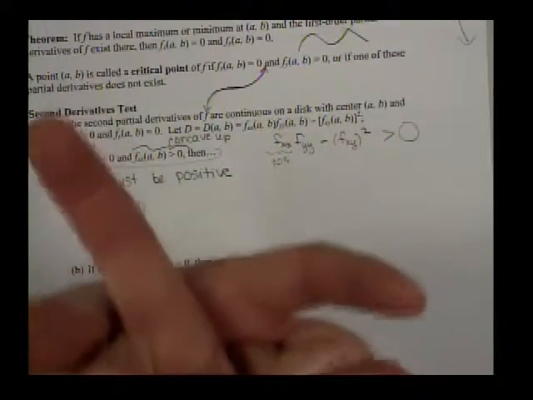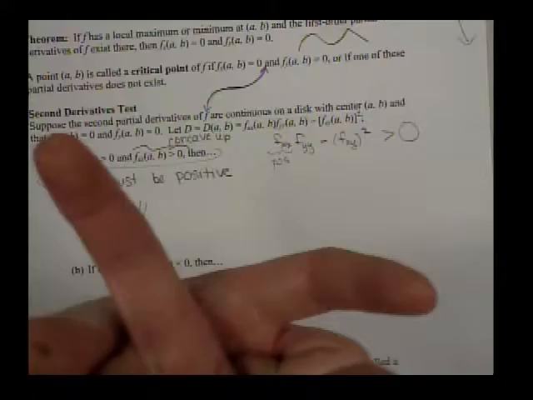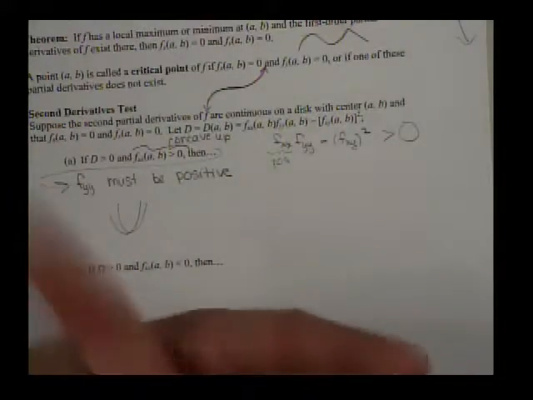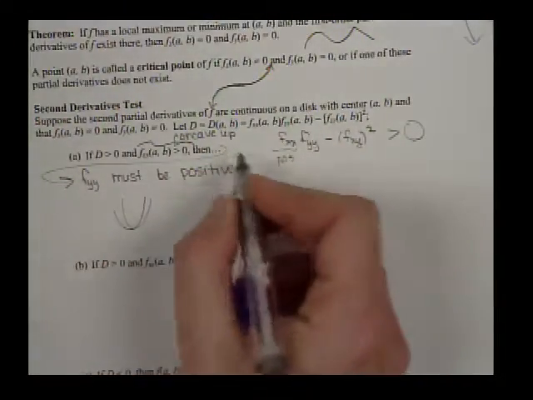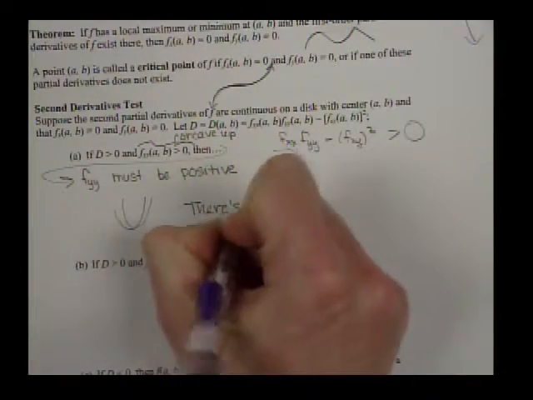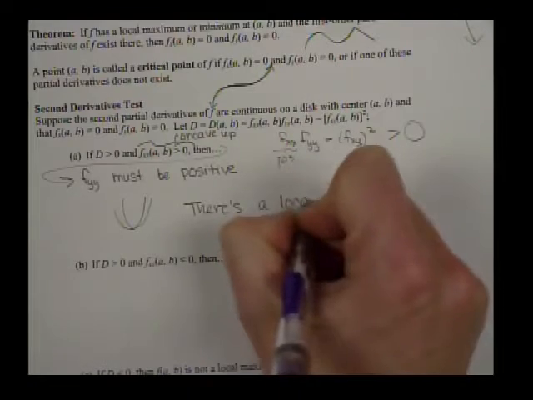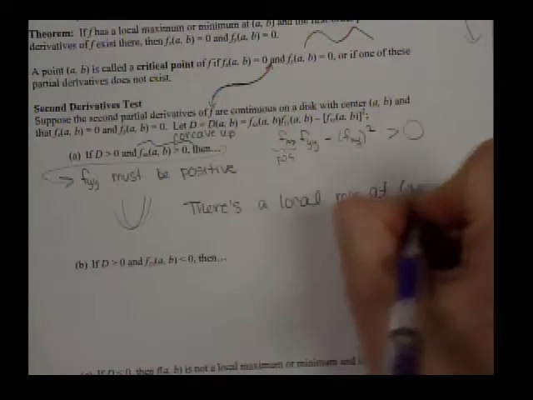So what must happen at that point? It must be a local min, because I'm creating a bowl shape, and it would be at the bottom of the bowl. So if these things happen, then there's a local min at (a, b).